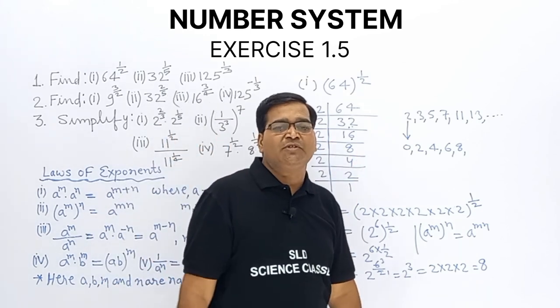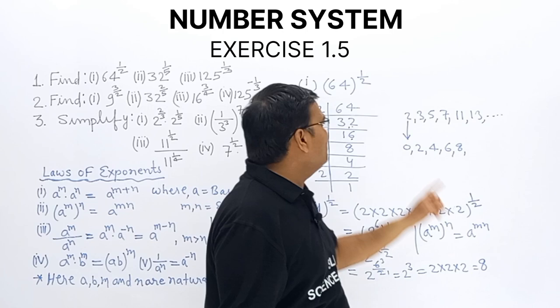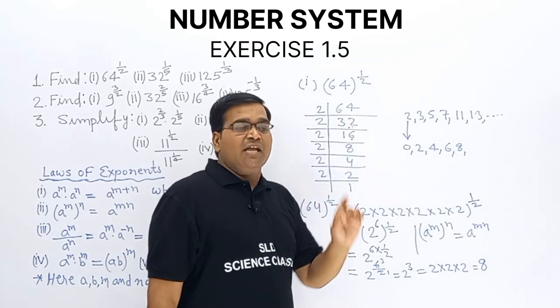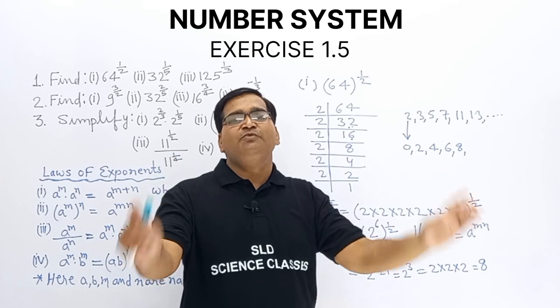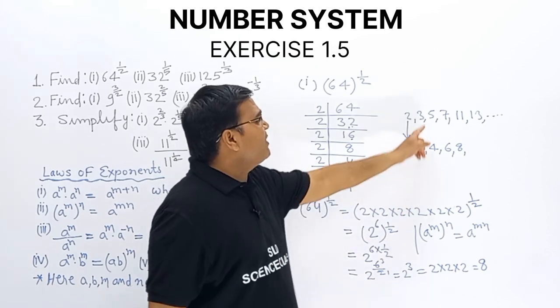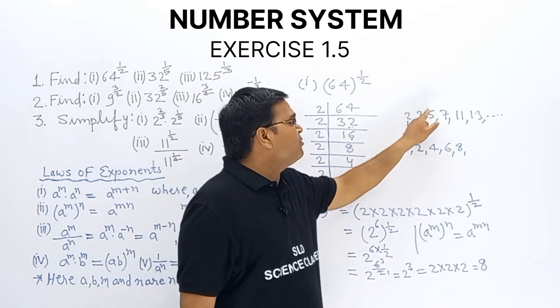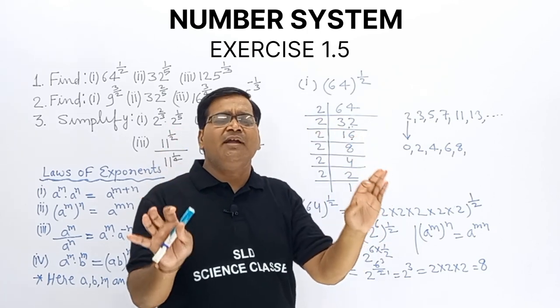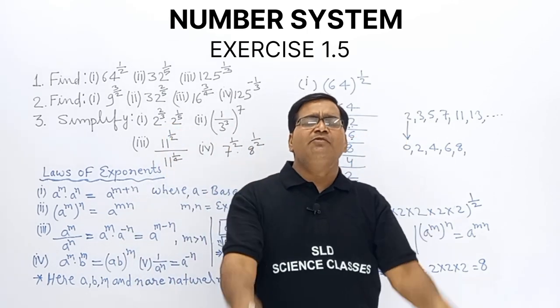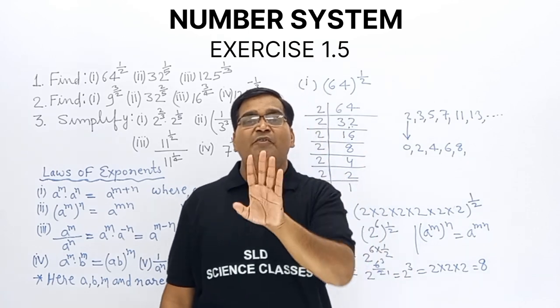What is the divisibility of 3? Do the sum of the digits. If the sum of the digits of the number is a multiple of 3, then we will use the prime number 3. And what will be the divisibility of 5? Whatever number is given, if it is not divisible by 2 and not divisible by 3, then we will use 5.